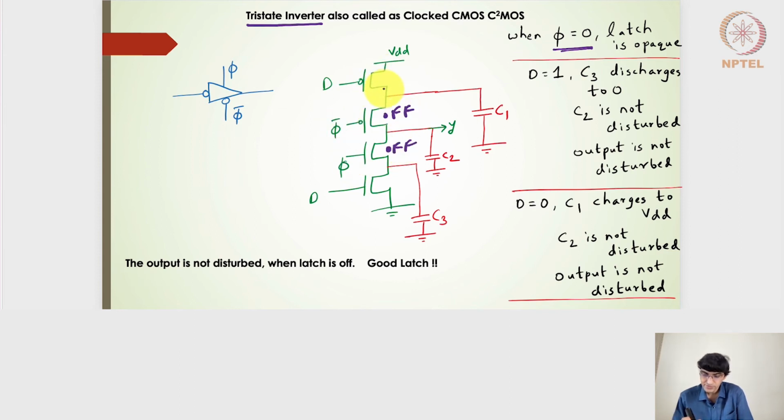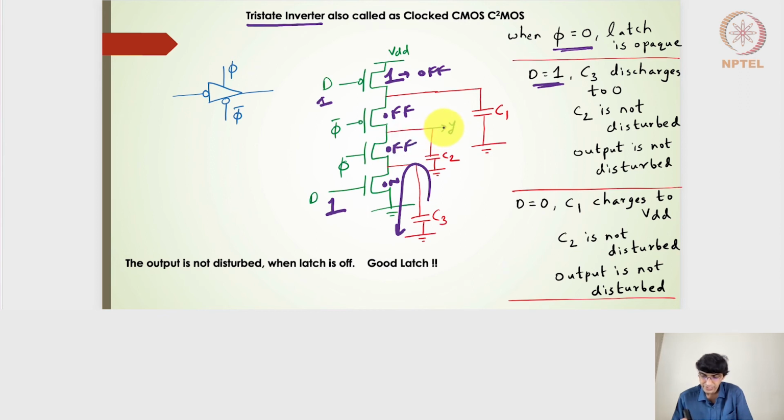And if D changes to 1 here, that means this will be off and this one will be on. So now C3 can get completely discharged to the ground, but C2, which is connected to the output node, doesn't drop at all, right?